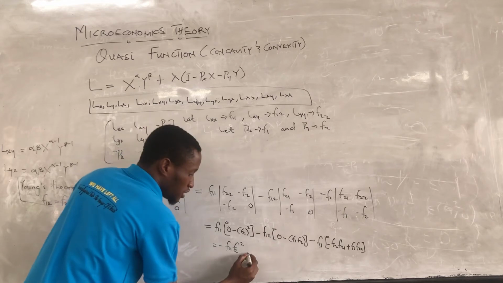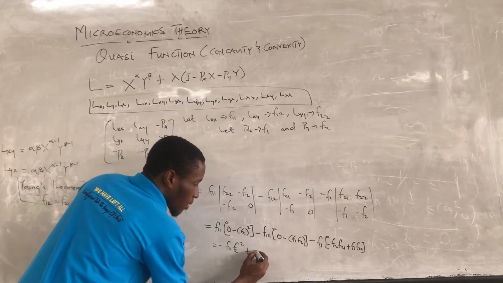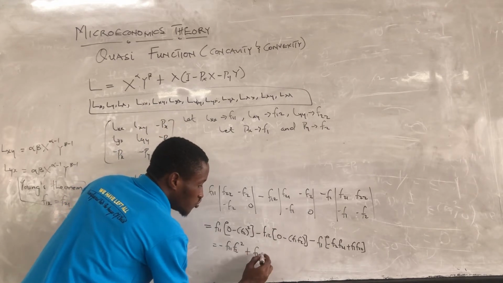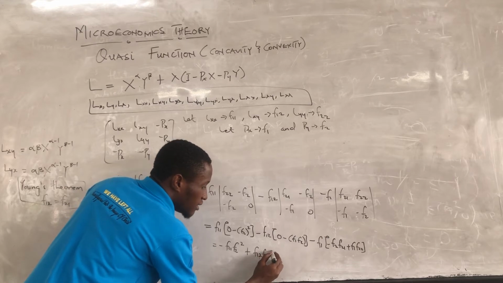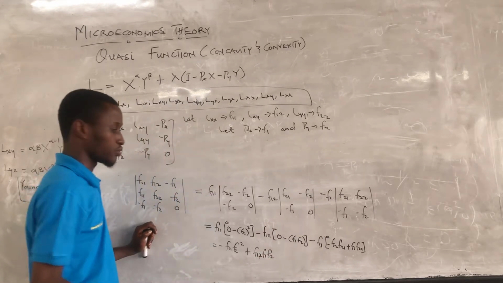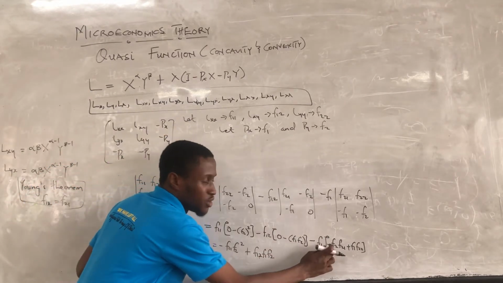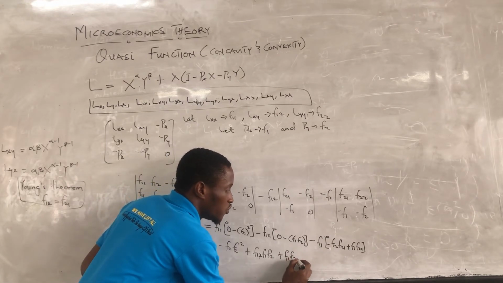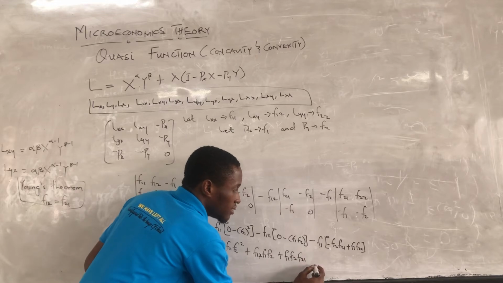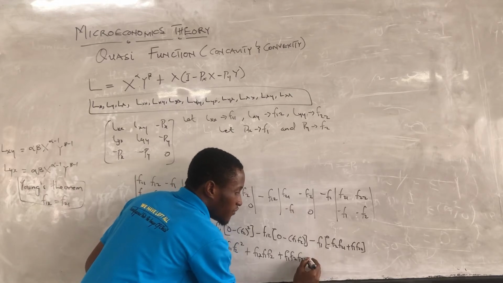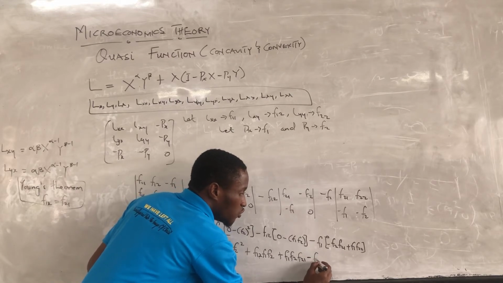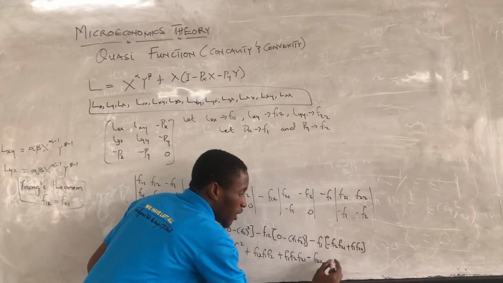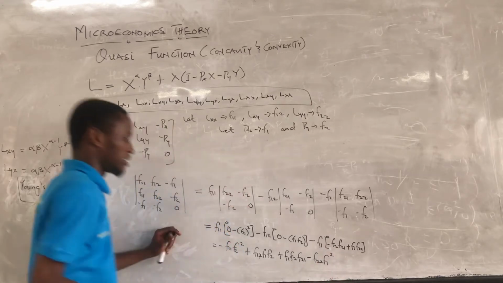This times this gives me, equals to, half plus F1, F12, F1, F2. Then this times this gives me positive, so I have plus F1, F2, F21. Then this will give me negative, so I have negative F22. F1 will give me F1 squared.